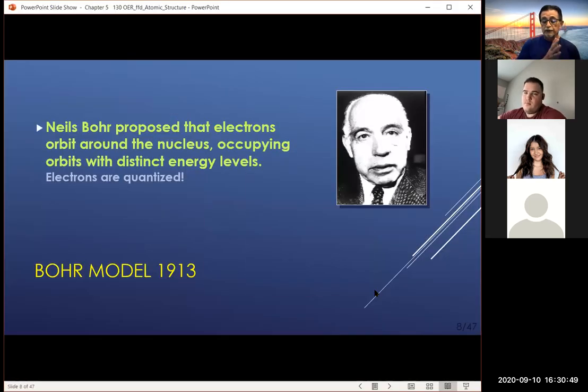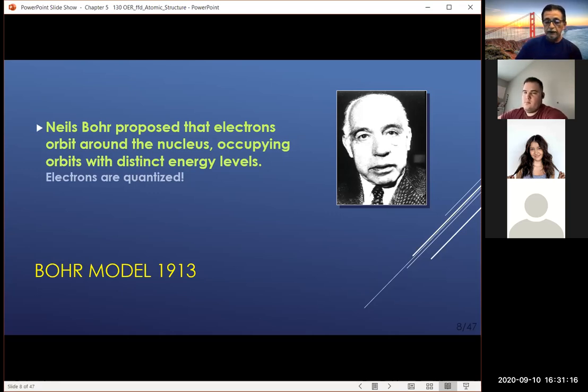So here comes, again, 1913, Niels Bohr. Given all this information about light and knowing how electrons behave very similar to light, he proposed that electrons around the nucleus occupy orbitals with distinct energy levels. He proposed the idea that electrons are quantized, okay?